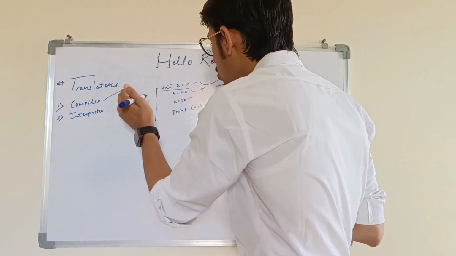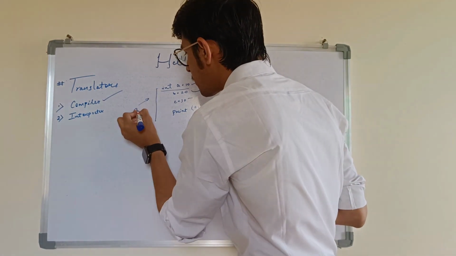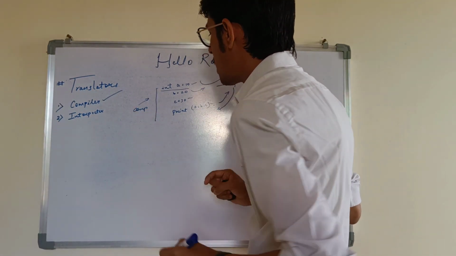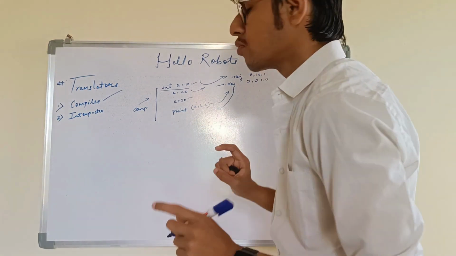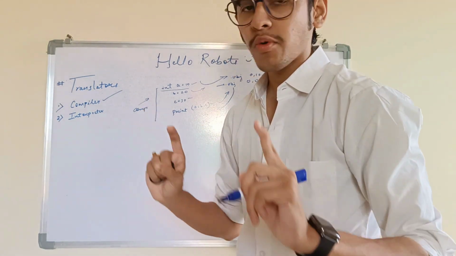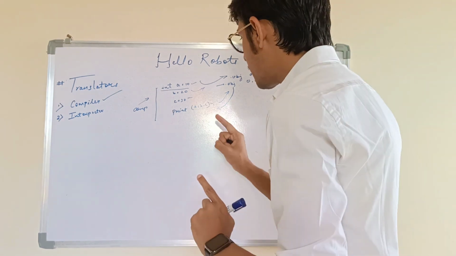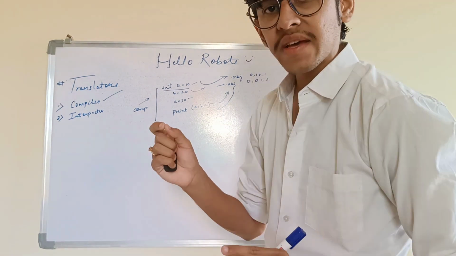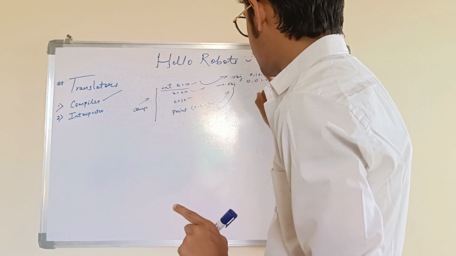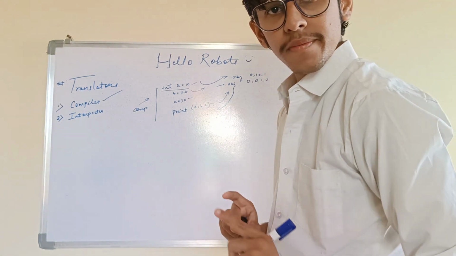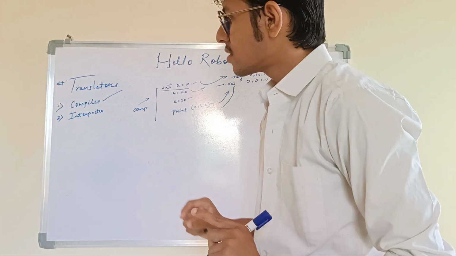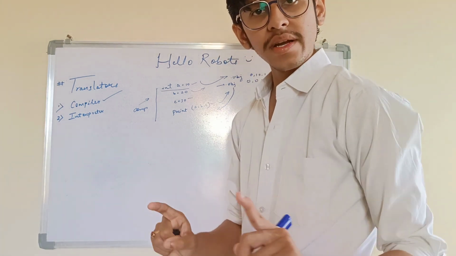The compiler takes the complete code, converts it into a .obj file, and then provides the output. But the interpreter takes each and every line, converts it, and then provides the output. These are the two translators.